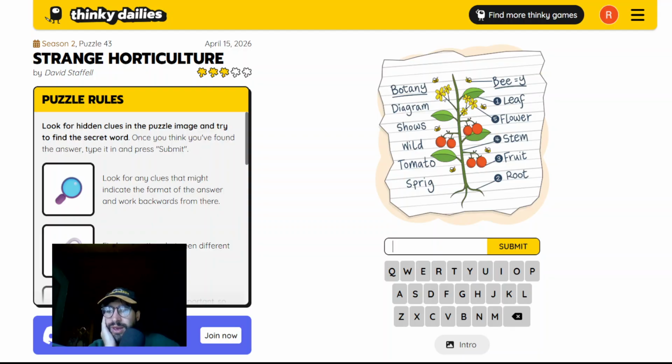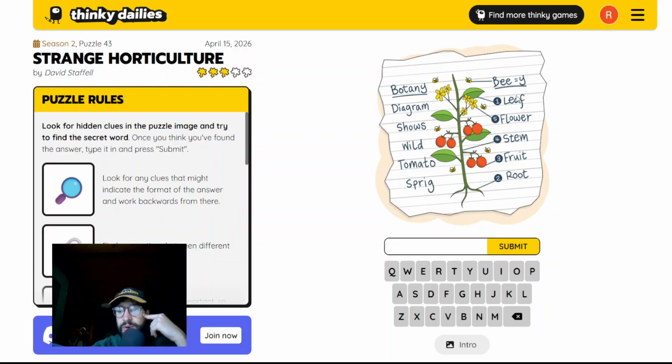Wait, B is equal to Y. I feel that the answer is going to be 5 letters. So right now what I'm thinking is that here we need 5 letters or numbers, but probably letters. B equals Y.